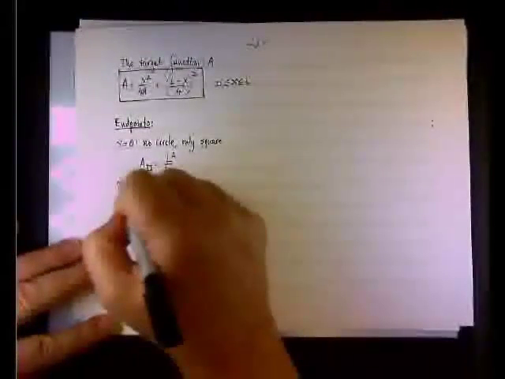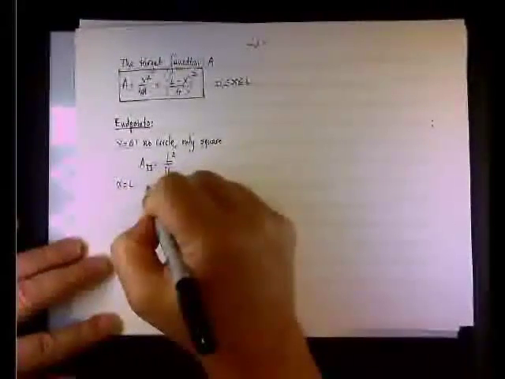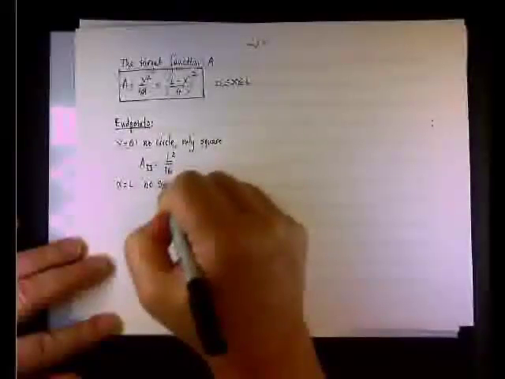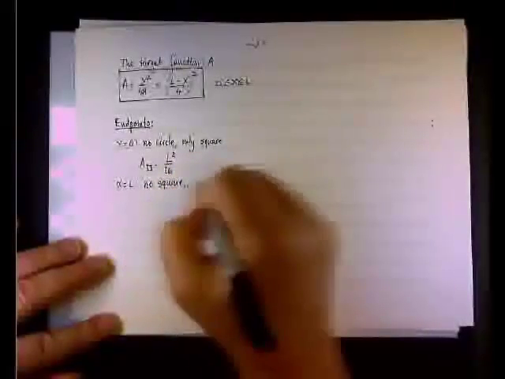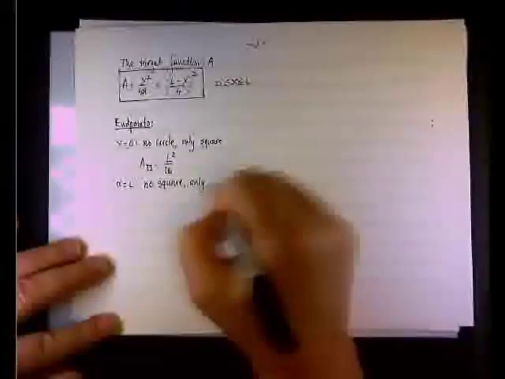On the other hand, if x equals L, it means no square, only circle.